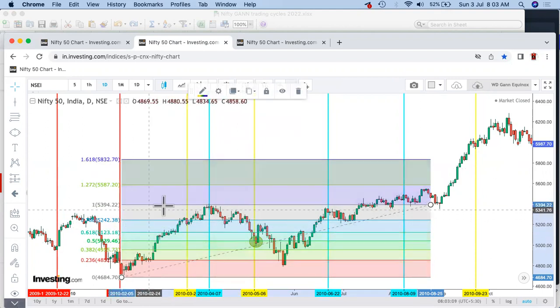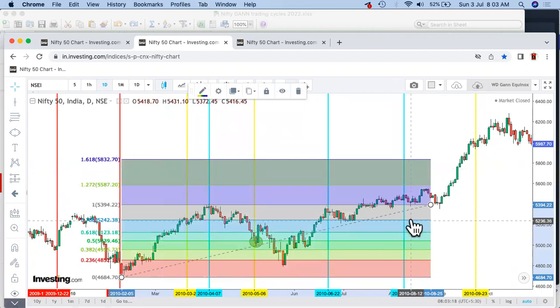Right? So it crossed level 1 and probably went up. This was somewhere nearer to 1.272 in terms of level. Not exactly, but yes, probably a high from the previous one. So we are considering this as a high.